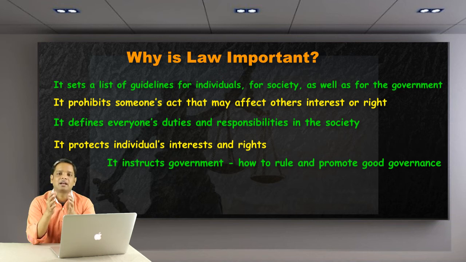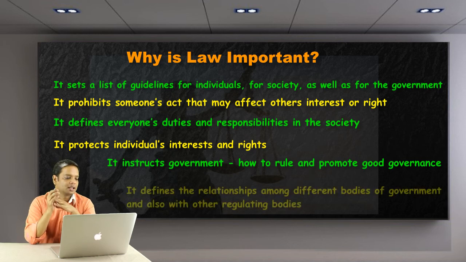Because if you have a little idea about the constitution, then remember the directive principles, what they say. They give direction to the government on how to govern, how to maintain and how to promote welfare in the society. So that is again law, and the government has to work based on those guidelines.